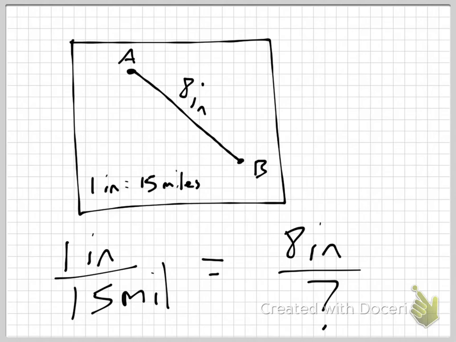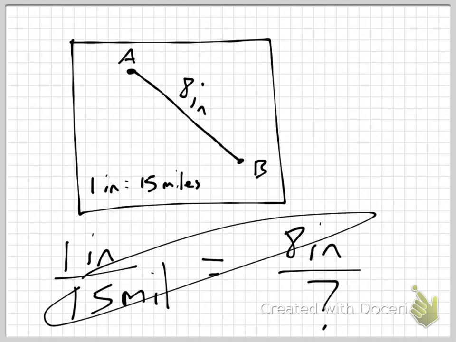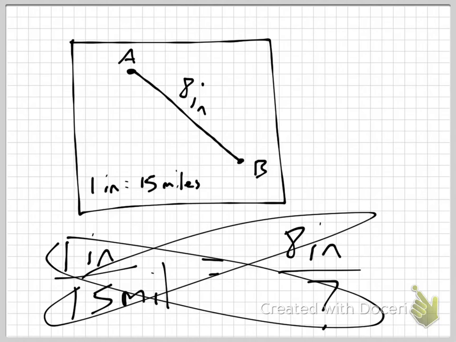Makes no difference. How do I solve this? What do I do exactly? Tell me exactly what to do here. Cross multiply. 1 inch times question mark is 1 question mark.